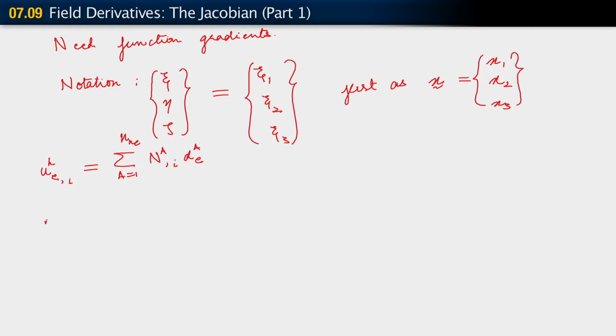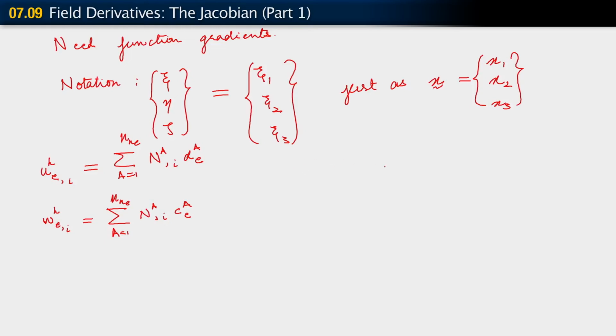And the same thing for w^h: w^h e, comma i is the sum over the nodes in the element, N_A comma i, c_A^e. So we need to compute these gradients of basis functions.